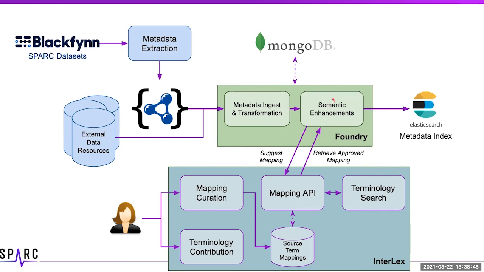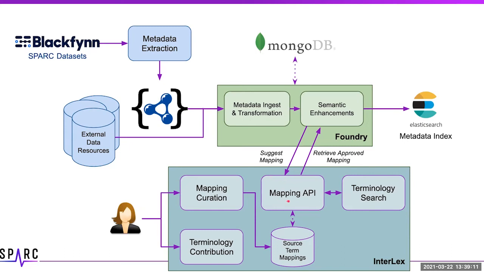So for example, with proper information about terms used in data sets, we can do specific semantic enhancements on top of that. This system interacts with Interlex, and Interlex has a mapping API that is provided. And so this is something that other communities can use as well.